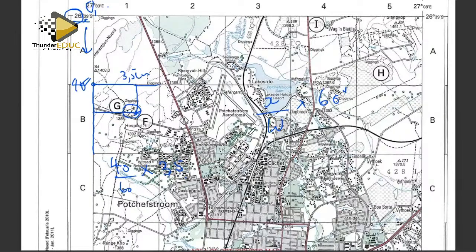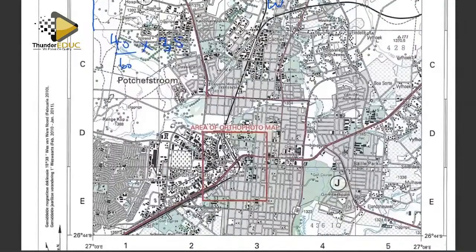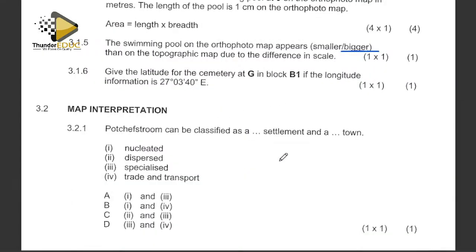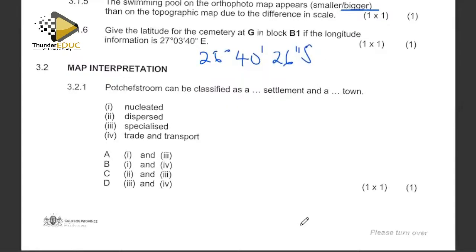So according to my calculations, though they were not very precise, you must plus or minus get something like 26 degrees, and your minute value is 40, and plus or minus you must get 26 seconds to the south. That will depend on how you are going to measure and how accurate you are going to express your measurements. Right. Moving on to the next question.